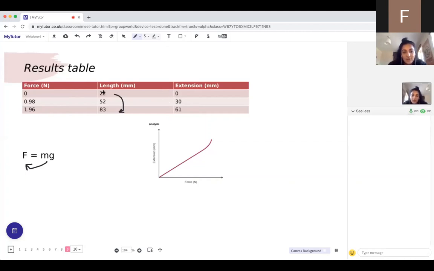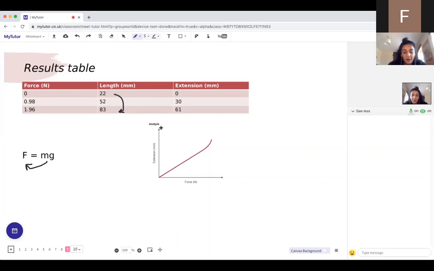So you can see that 22 to 52 is 30, and 52 to 83, and 22 to 83 is 61. So we're measuring the extension from its unstretched length, its original length, before we started adding any masses.